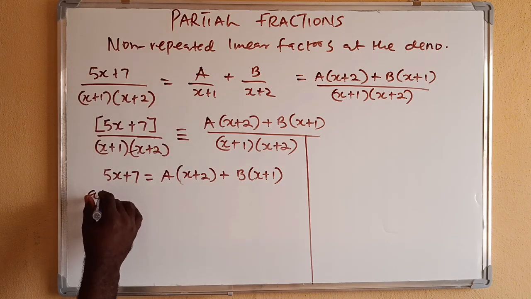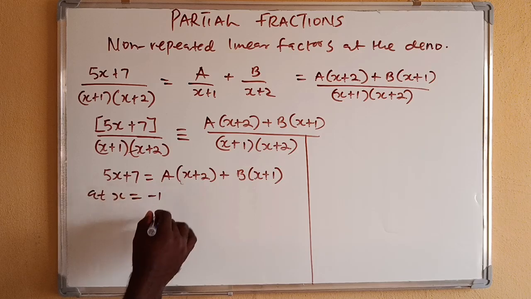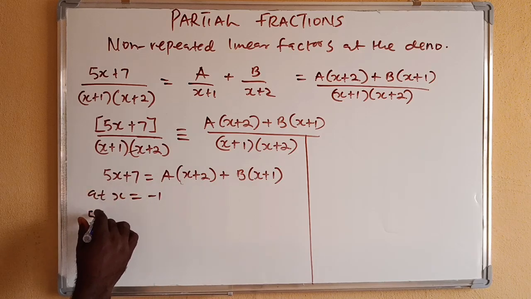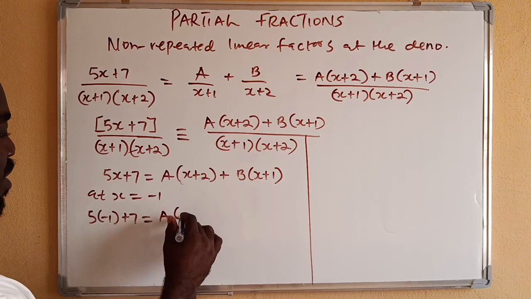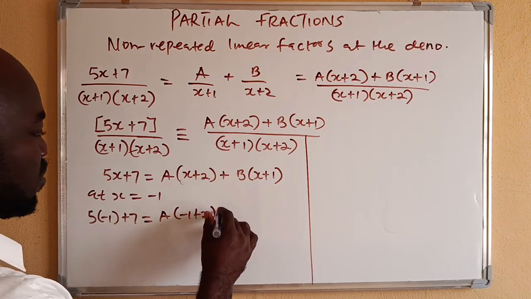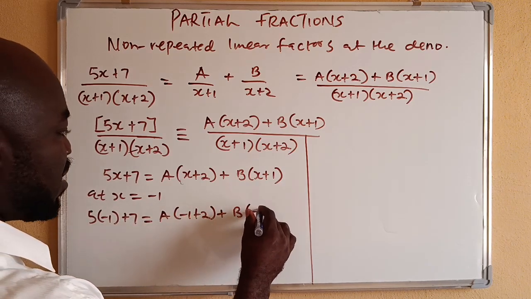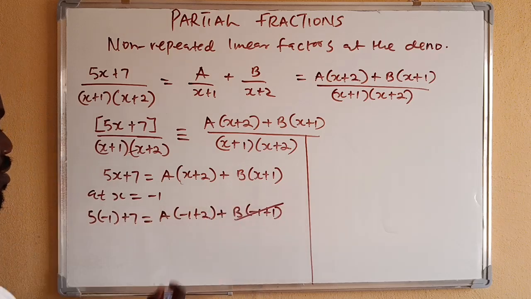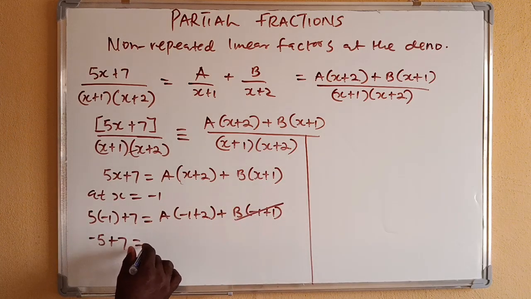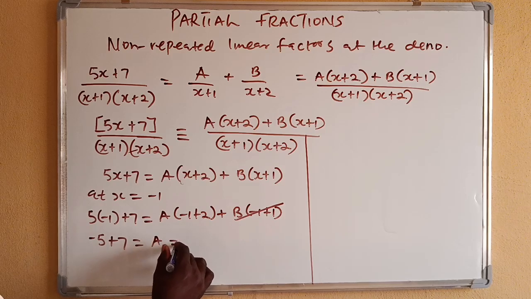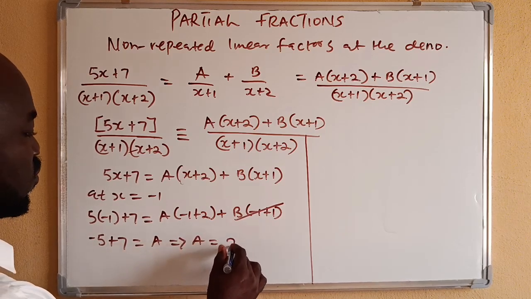At x equals minus 1, I will have 5 bracket minus 1 plus 7 equals a bracket minus 1 plus 2 plus b bracket minus 1 plus 1. So the b term will collapse, and what I'll have here is minus 5 plus 7 equals a. Therefore, a is equal to 2.